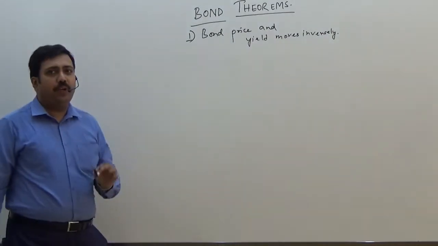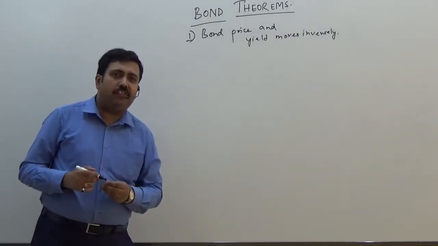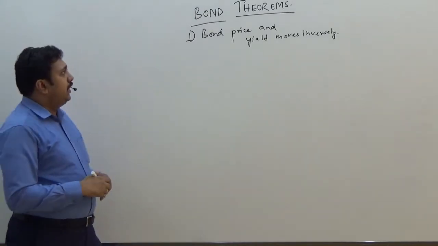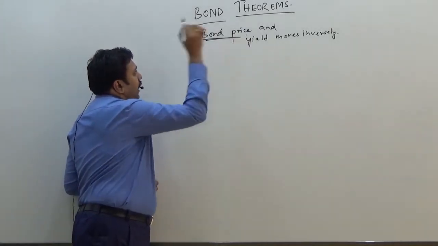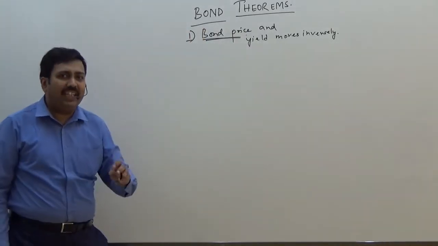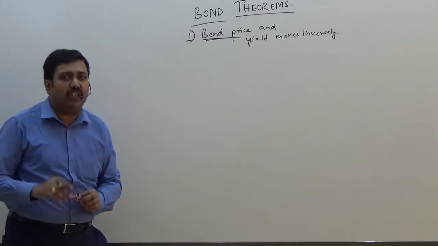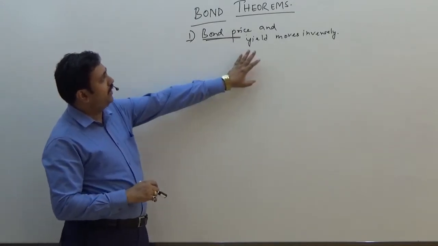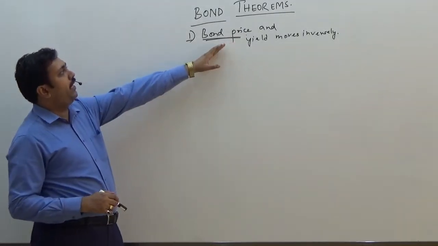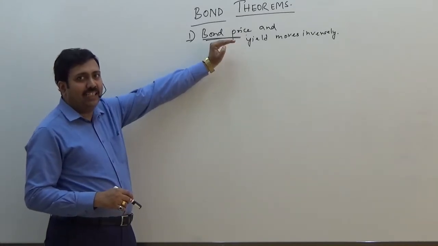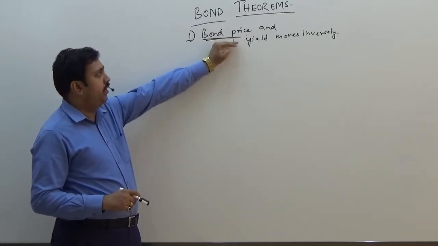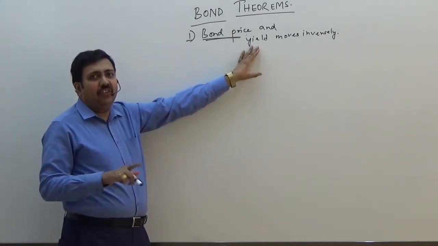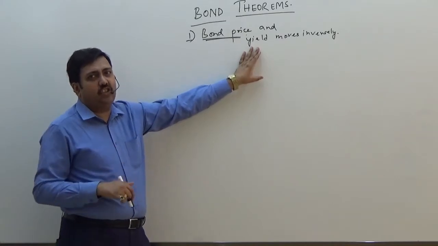We know what the bond price or the value of the bond is, right? How are we going to calculate the bond price? We calculate the present value. So what does the theorem say to us? The bond price, or the bond value, that is the present value of the bond, has an inverse or a reverse relationship with the yield.